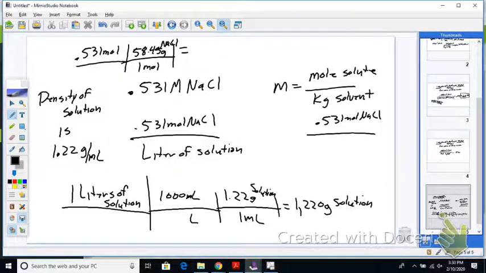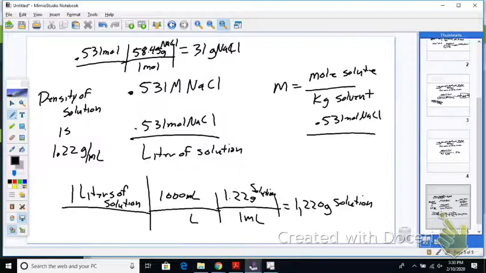Then I can subtract that mass from the total mass of the 1,220 to get the mass of the solvent. So 0.531 times 58.45 gives me 30.97, I'm going to say 31 grams of NaCl.